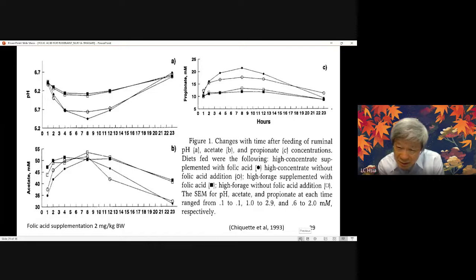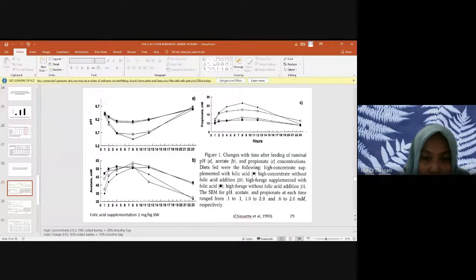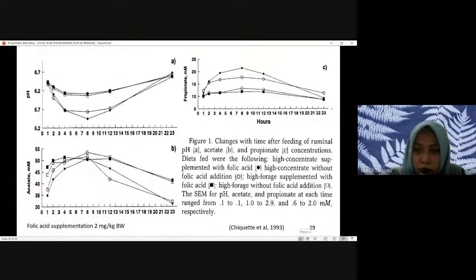But here, if the concentrate is influenced by the folic acid more than the roughage, then how to explain this? Excuse me, Professor, I would like to show.